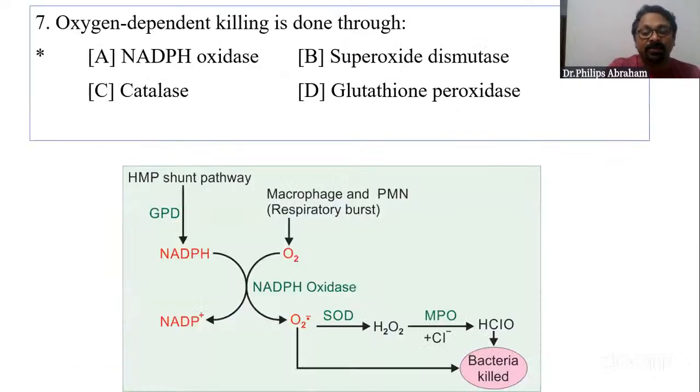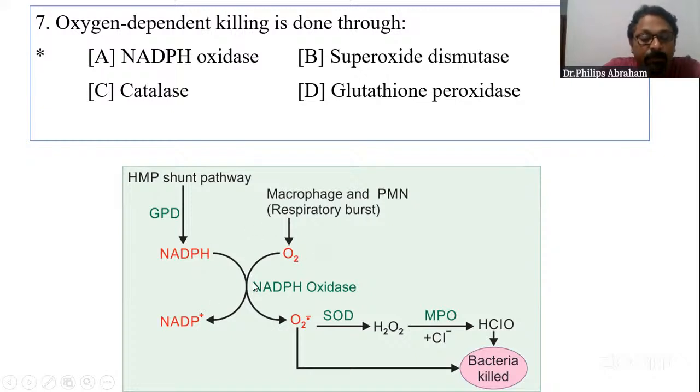As I said earlier, one of the main functions of NADPH is that it helps tissue macrophages to phagocytose and then kill the bacteria. How? Through the HMP pathway, NADPH is produced.